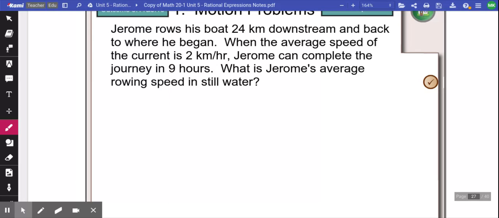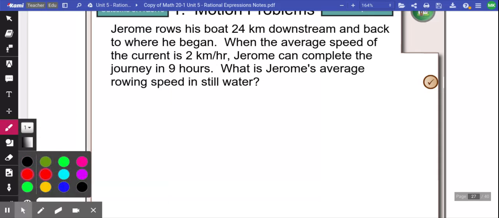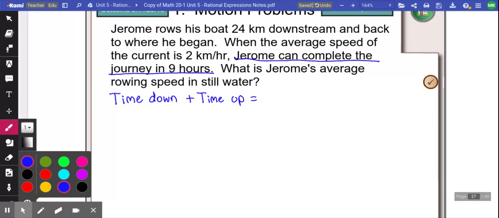It also gave me total time, and that's where things are going to start for me. It says Jerome can complete the journey in 9 hours. That means his time downstream, plus his time upstream, coming back, equals 9 hours.